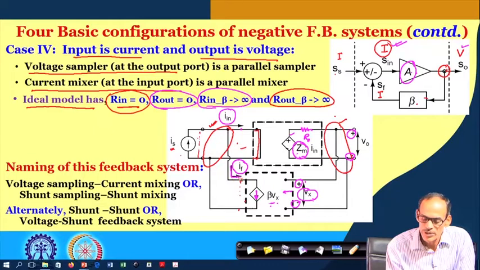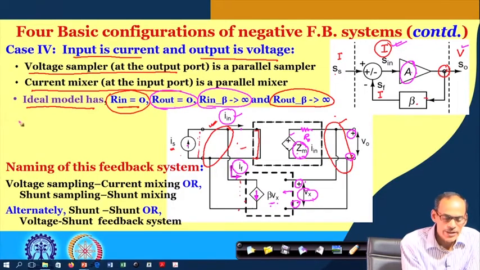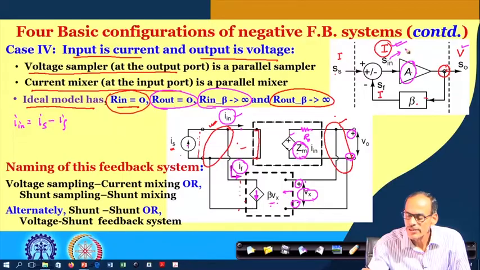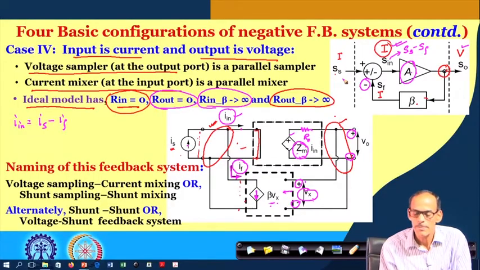And the positive direction convention of I f and I s and I in is such that I in equals I s minus I f. So, that gives us I in equals I s minus I f, and hence it supports this minus sign, and the polarity here and the positive direction of this current insists that this Z m is positive.